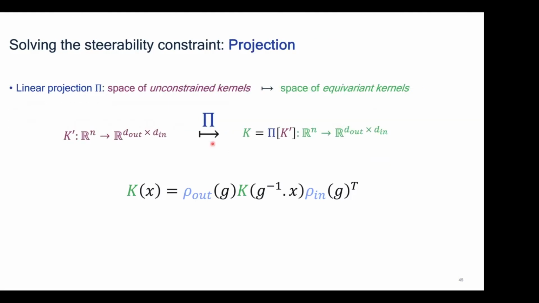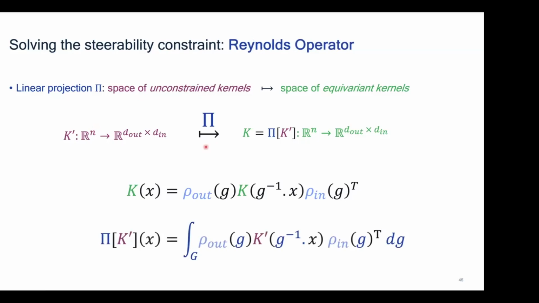The linear projection is essentially defined by the Reynolds operator, if you have heard it before. But otherwise, basically what we do is take a generic filter K prime, unconstrained, very free, and then we basically average it over the whole group by applying for each group element the kernel constraint.